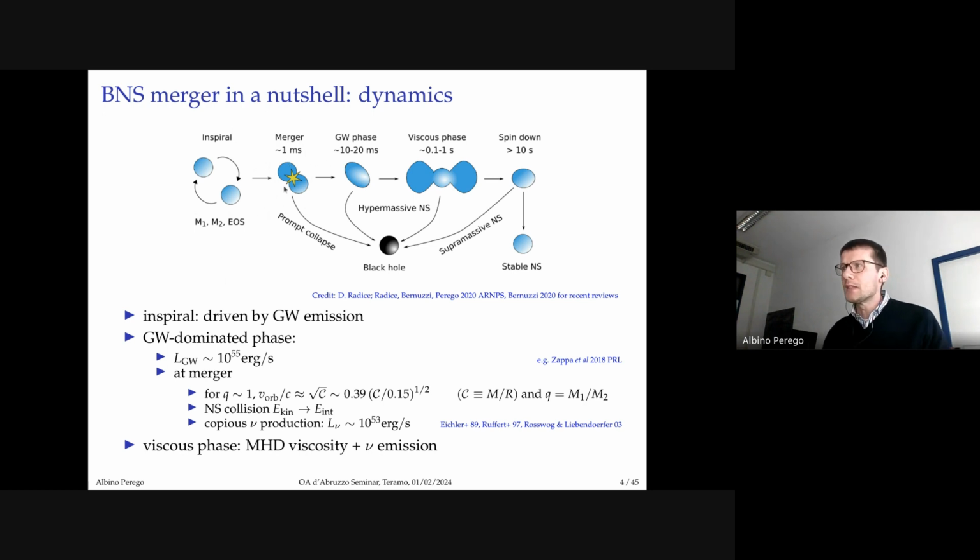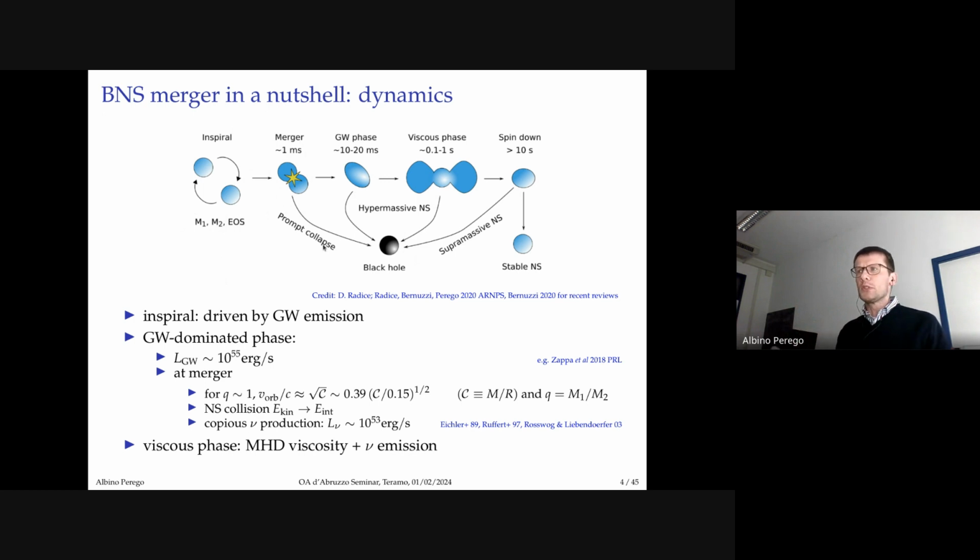After this phase, the fate of a merger depends very much on the masses of the two neutron stars and on the equation of state. So in this cartoon, you can see that there is a path, which I will go through briefly on the top. But at any stage, you can see that there is an arrow that points to a black hole. This is because at any stage from the merger on, it is possible that gravity eventually wins and forms a black hole.